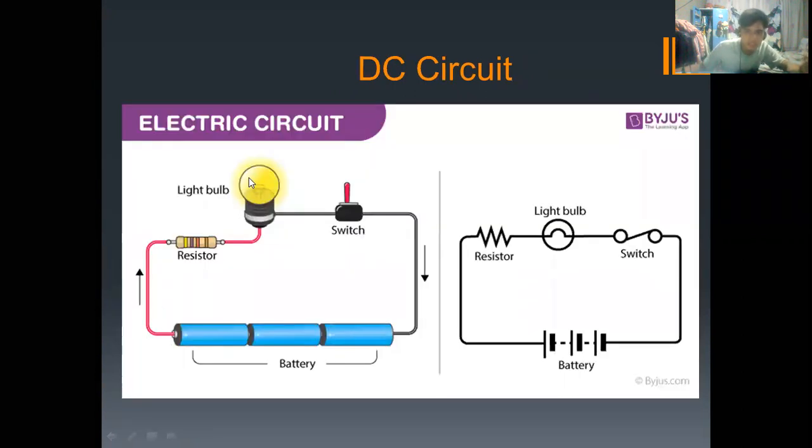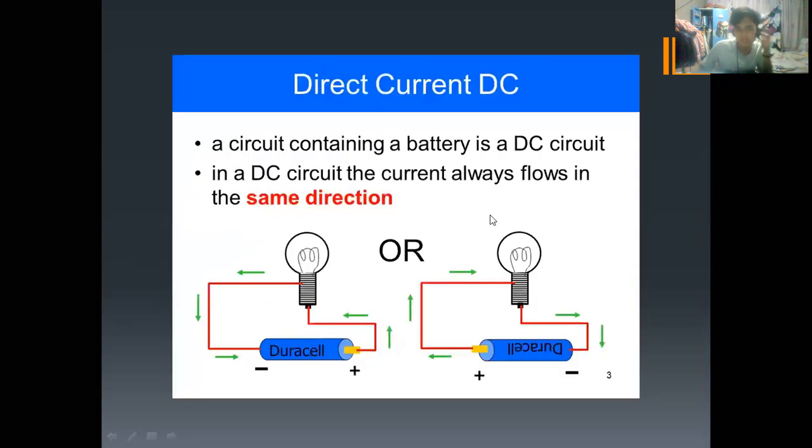Ayan. Sa electric circuit, sa battery, meron tayong supply. Ito, battery, resistor, switch, control dun sa daloy ng kuryente as yung bulb. DC current. A circuit containing a battery is a DC circuit.